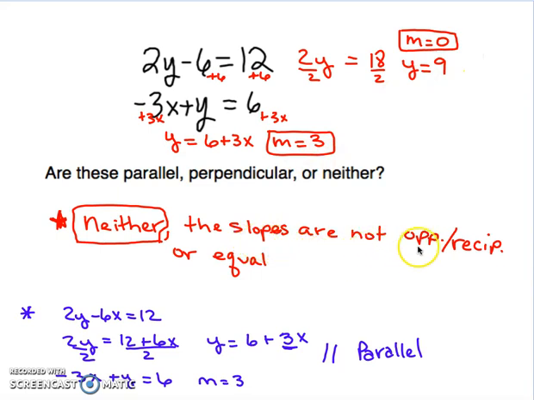So since the slopes are not opposite or reciprocals, they're not equal, so it would be neither. I gave you another example down here and said if we did have, however, if we would have changed this equation just slightly and said 2y minus 6x equals 12, then those slopes would have been the same, and that would have made those two lines parallel.